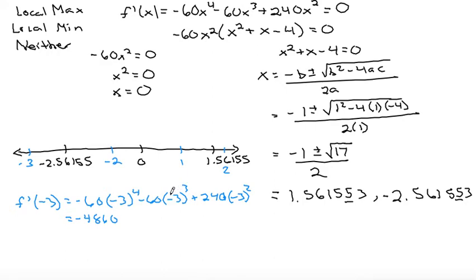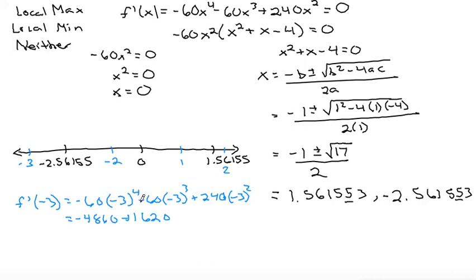And then here we have -60 times -3 to the power of 3, which is a positive 1,620. And then this number is going to be a positive, so we have to figure out if it's going to make it positive or negative.